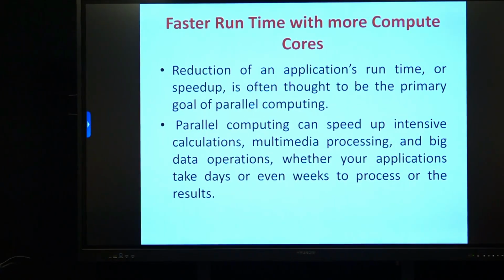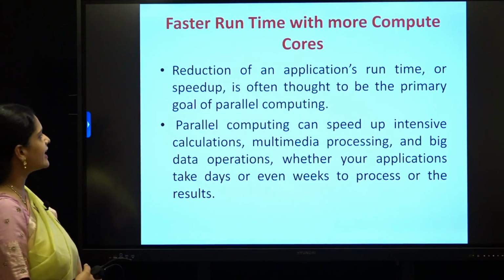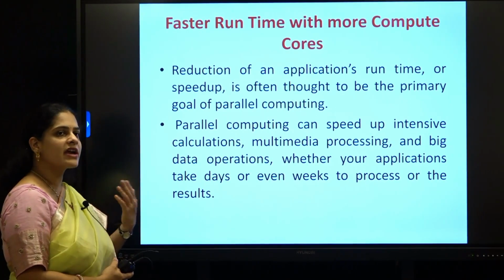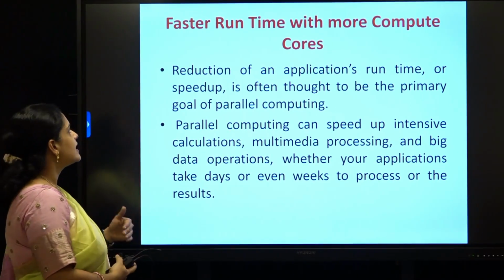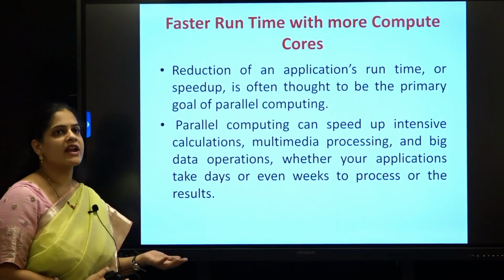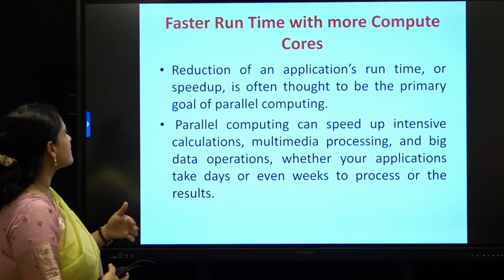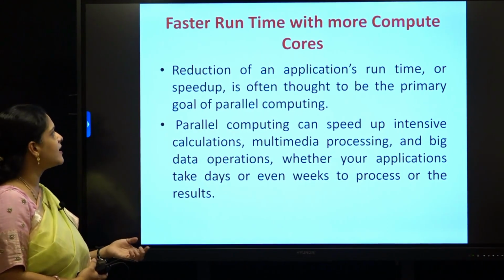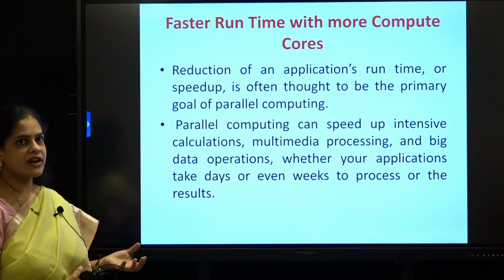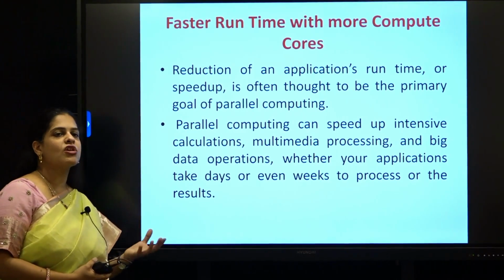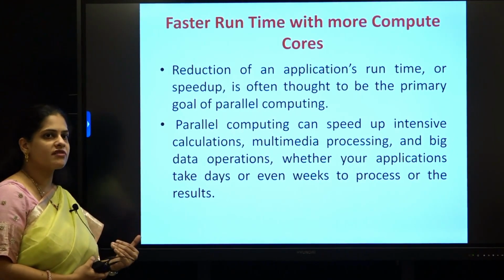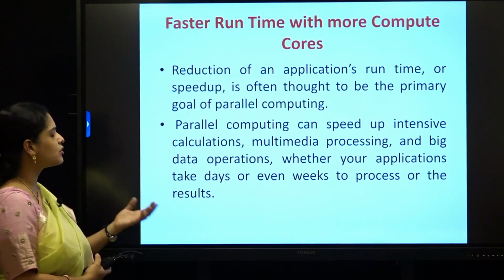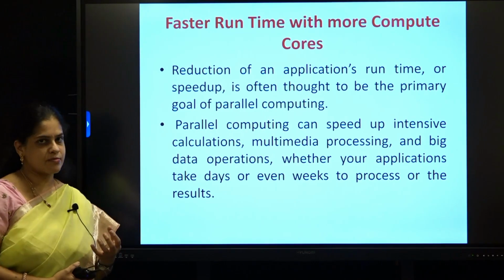So, fast runtime with more compute cores. We are saying you can execute your program in a lesser amount of time; you can provide the fastest runtime. Reduction of an application's runtime is often thought to be the primary goal. A major goal of parallel computing is to reduce your runtime, or provide an output in a lesser amount of time.